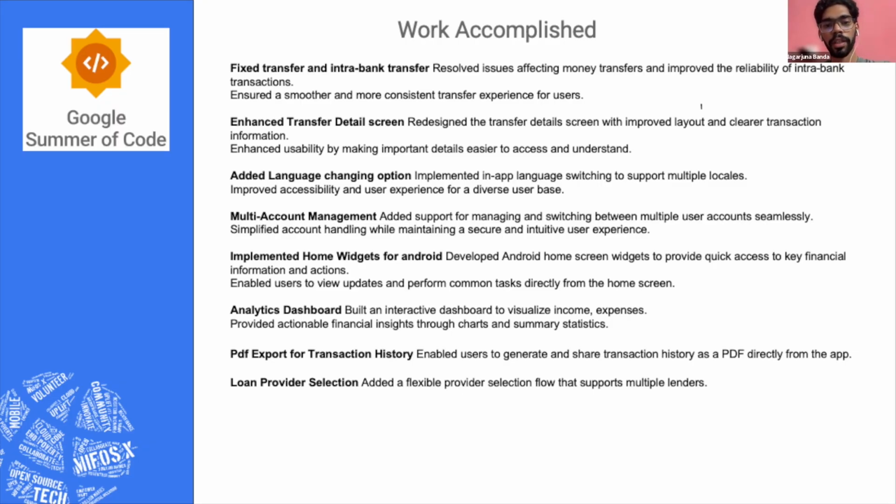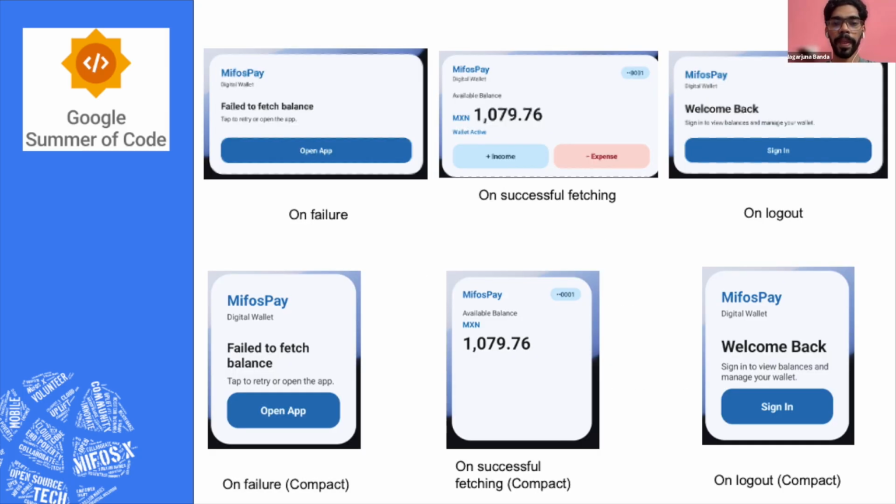I added PDF export for transaction history, giving the user an option to download the transaction history as a PDF directly from our app. And also loan provider selection, a flexible multiple-provider selection flow that supports multiple lenders. This is the work I accomplished this summer.